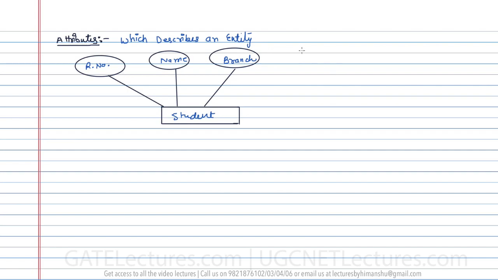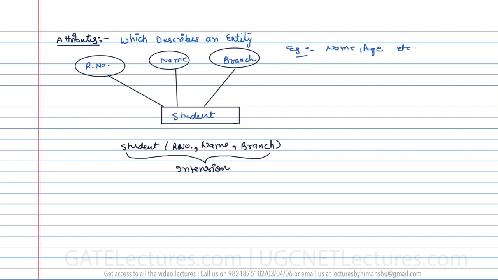In the same way, attributes could be the name or age of a person. Now for the student, I can represent the same information like this: we have student as an entity, and in the student entity we have roll number, name, and branch. This is representing something called intension.